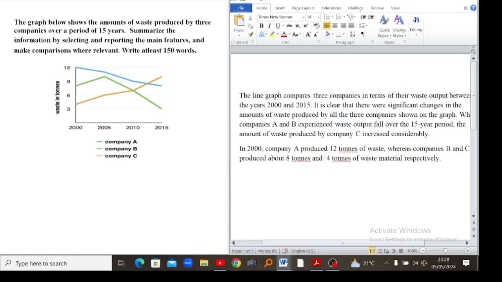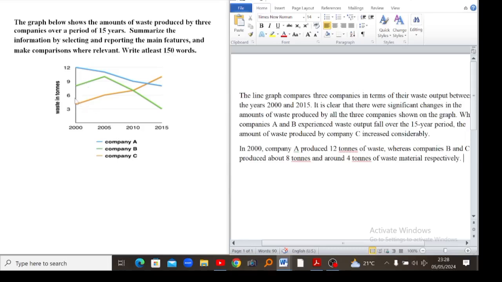So whereas companies B and C produced about 8 tons and around 4 tons of waste material respectively. Yes, so let's continue. We are done with comparing in 2000.